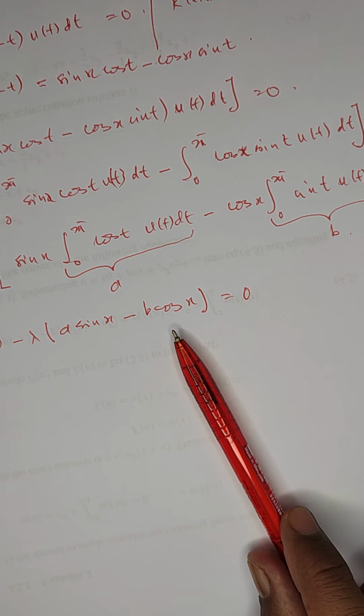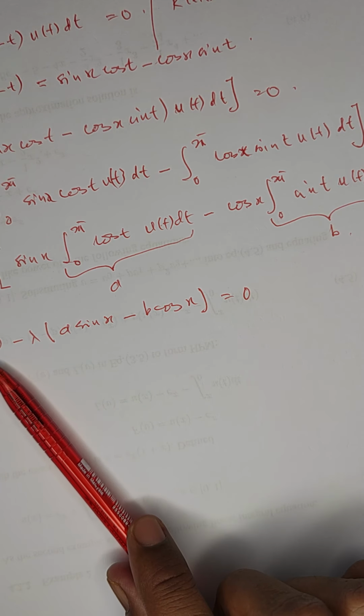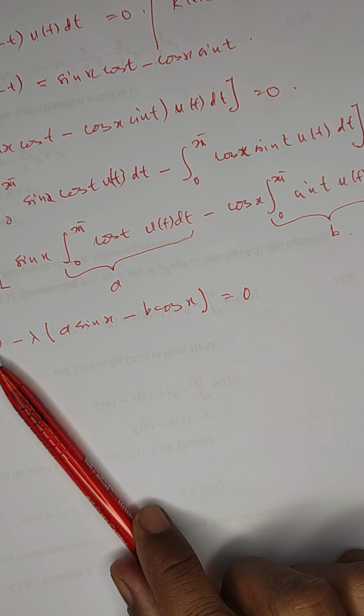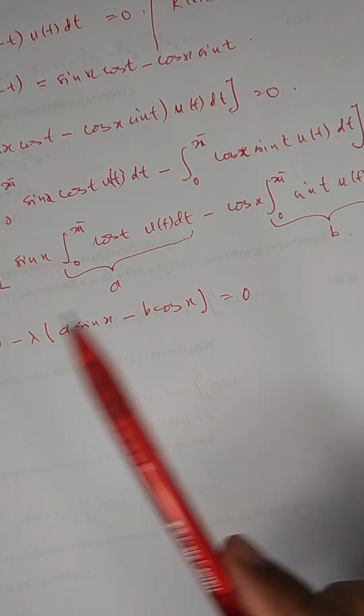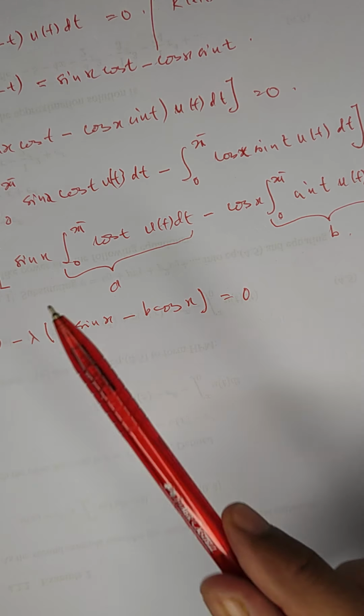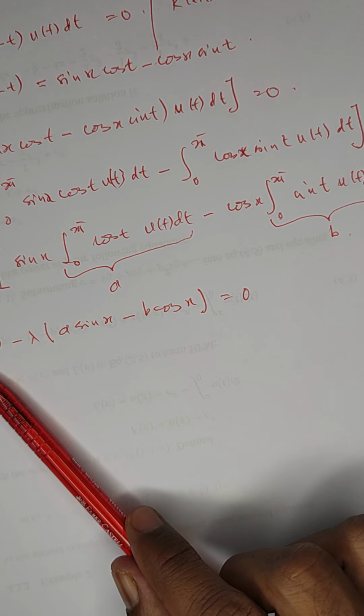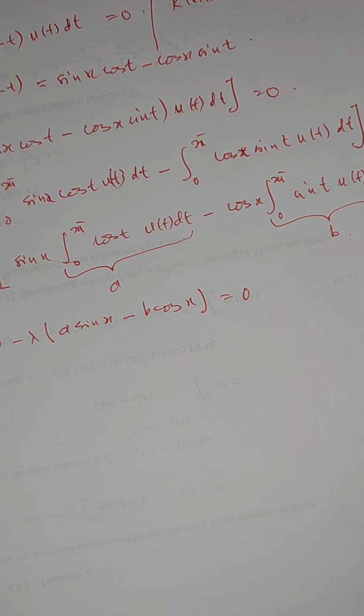How to solve that equation is that if we multiply this by cos x and integrate, we get one equation, and then do it once more, multiply with sin x and integrate, then we get another equation.